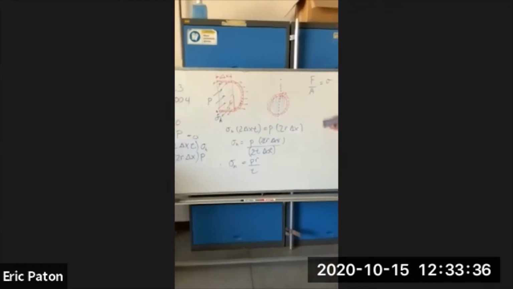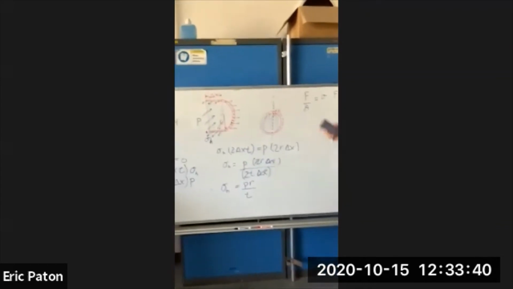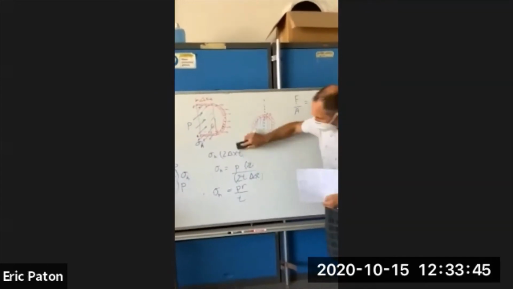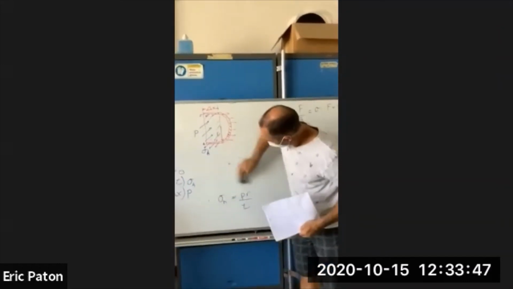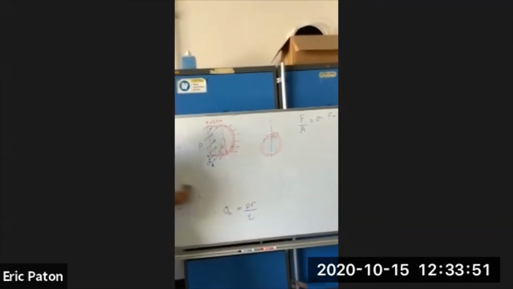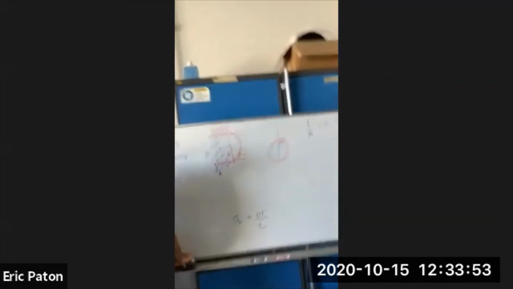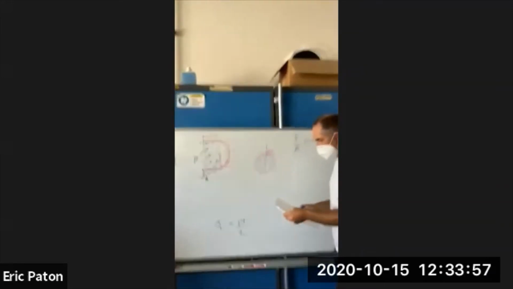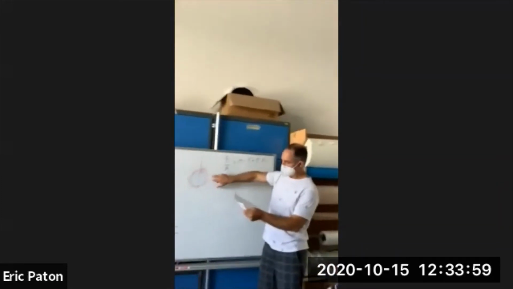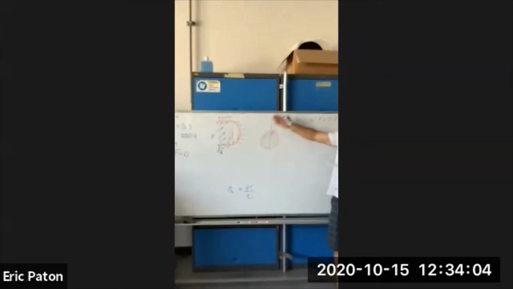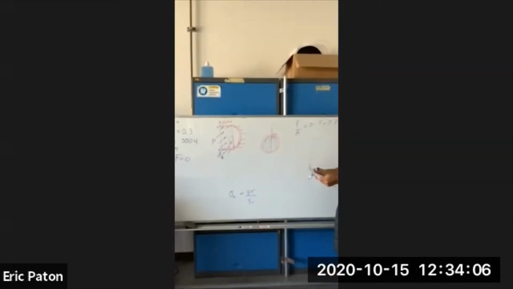So now we're going to do the same calculation for the longitudinal stresses. Okay, so for the longitudinal stresses, we're looking at a slice perpendicular to the cylinder like this.